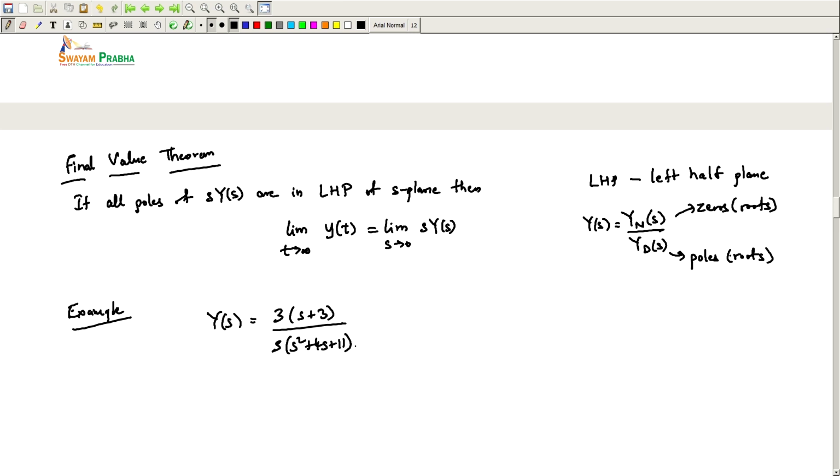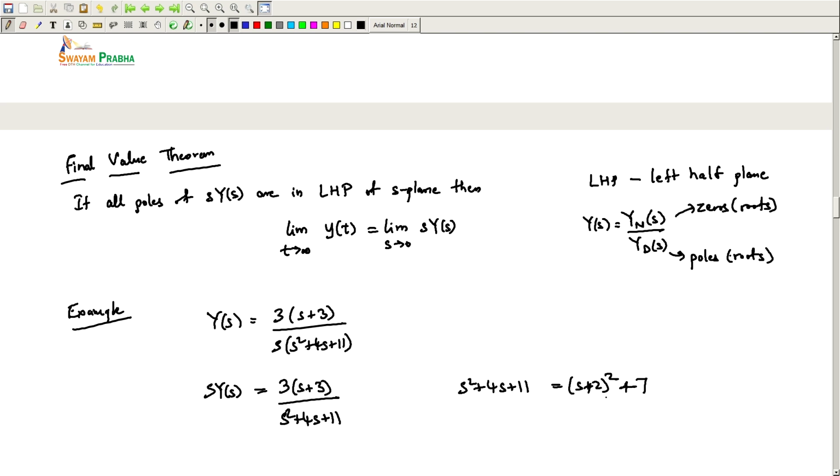Now, for this particular expression, if we check s Y of s, what you will see is that s square plus 4s plus 11 has poles which are in the left half plane, because this can easily be expressed with s plus 2 the whole square, so the real part will be minus 2.